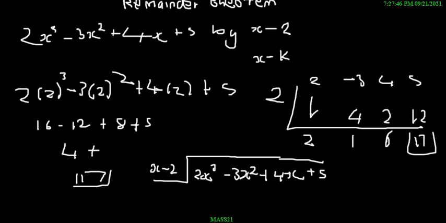So x into 2x to the power 3, that's 2x to the power 2. That times x is 2x to the power 3, then 2x to the power 2 times negative 2, that's negative 4x to the power 2.